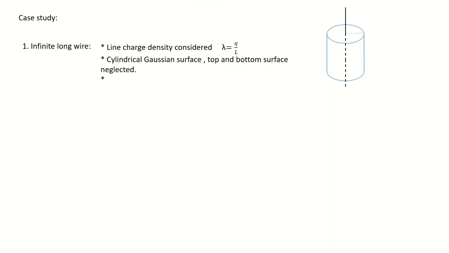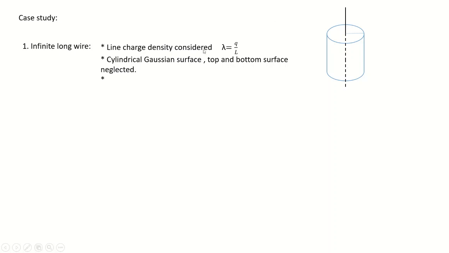We will consider that the long wire is positively charged, with negligible thickness, and we only consider the length of the wire. From that infinite part, we will consider an L length part of the wire.